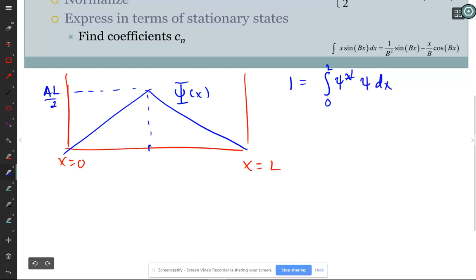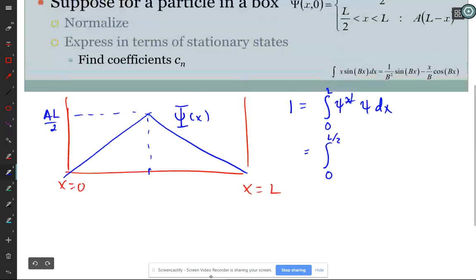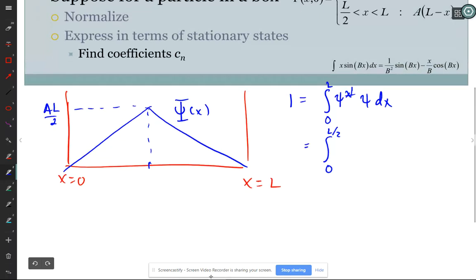Okay, now I shortcutted this. I put 0 to L instead of minus infinity to plus infinity because we know that it's not existent outside of the box. So I just have my integral 0 to L. So that's going to be integral from 0 to L over 2 of the first one, which is Ax.